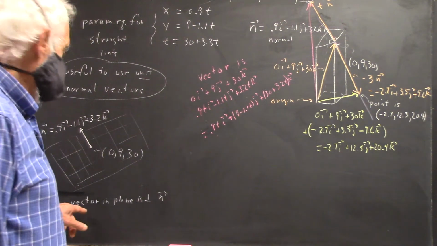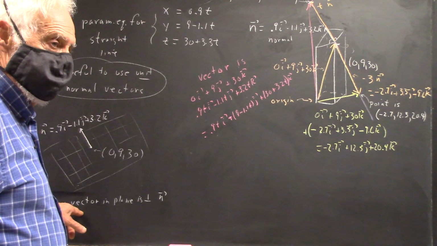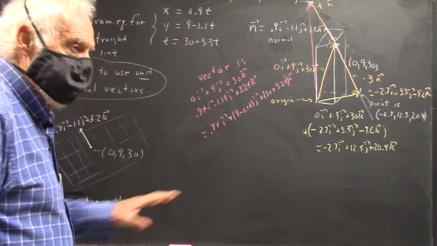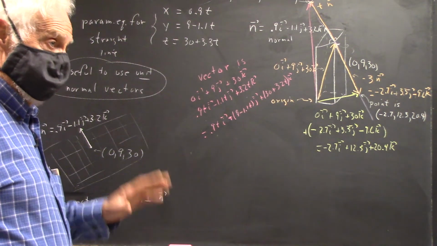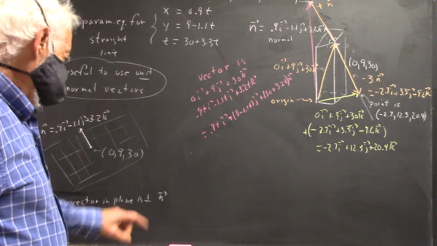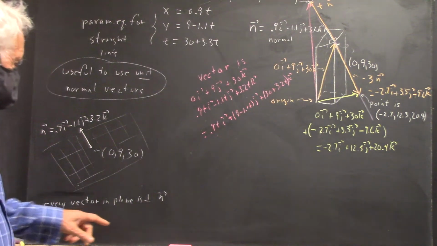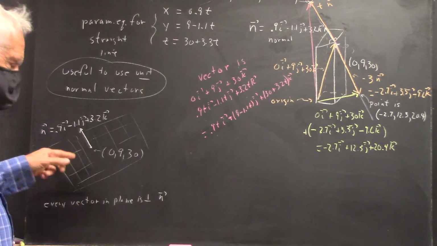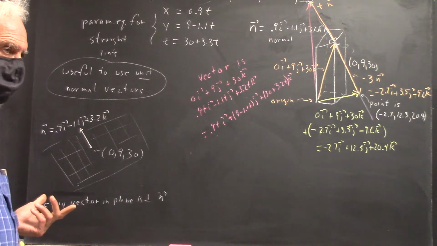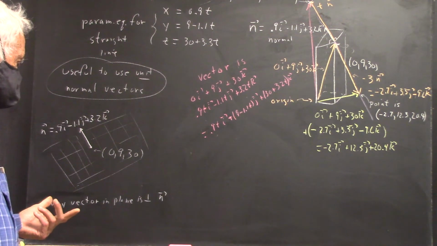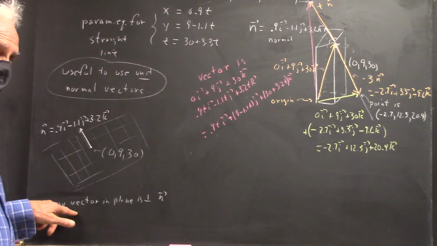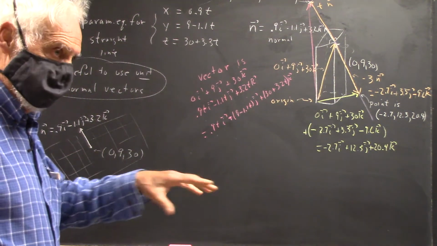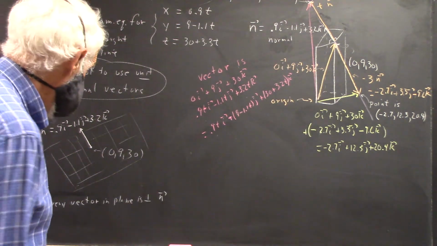Now, really, vectors don't have a location. A vector just tells you how to move. Remember that, because I have stated this in such a way that I've said the vector's in the plane. Okay? To state it a little more clearly, you've got to be real careful about how you state things mathematically.